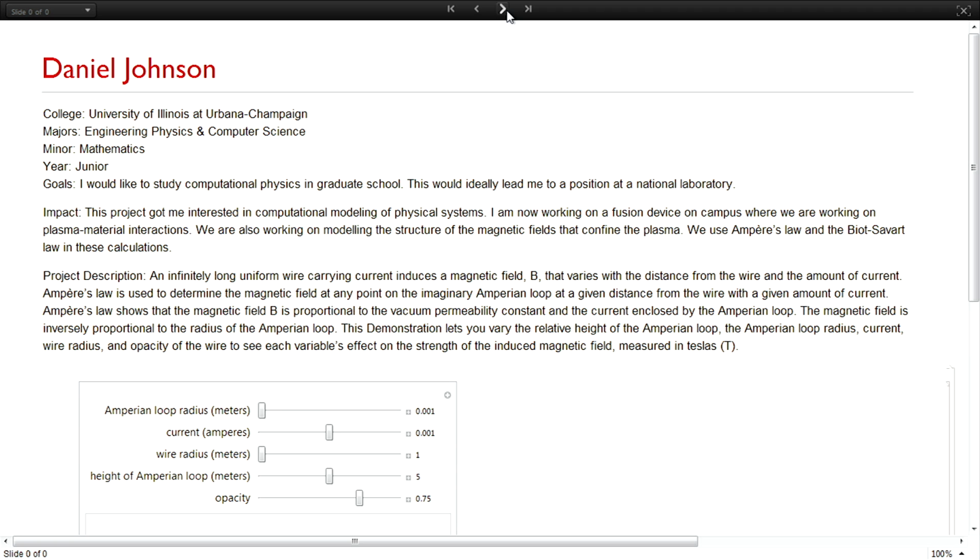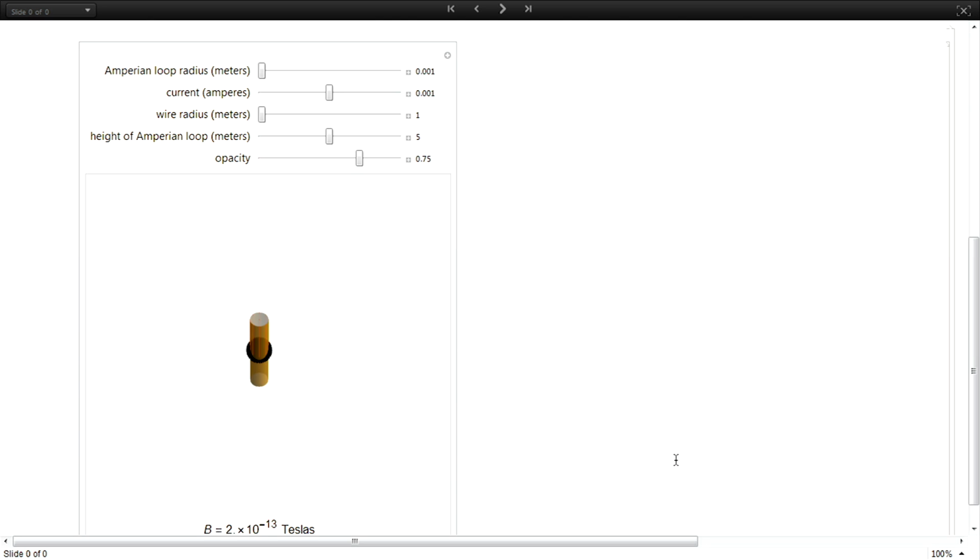So what was involved in this project was showing the magnetic field given an infinitely long wire with uniform current density. And uniform meaning that the current density doesn't vary throughout the position of the wire. So in this example, you have a cylinder in the middle, which is the wire itself.